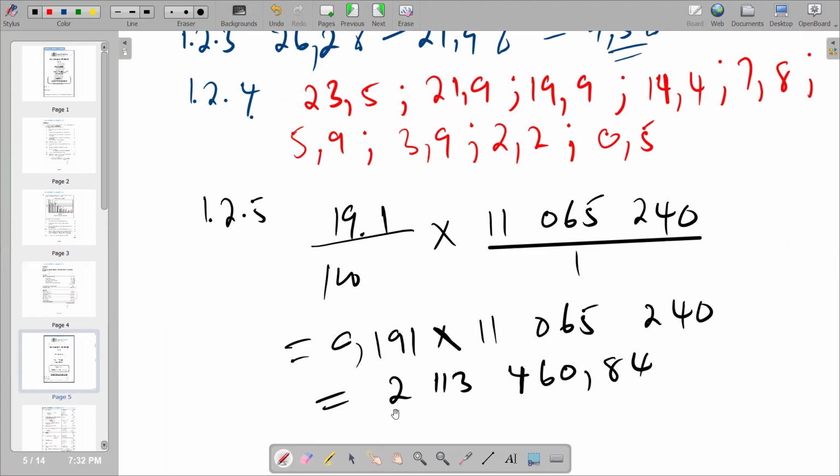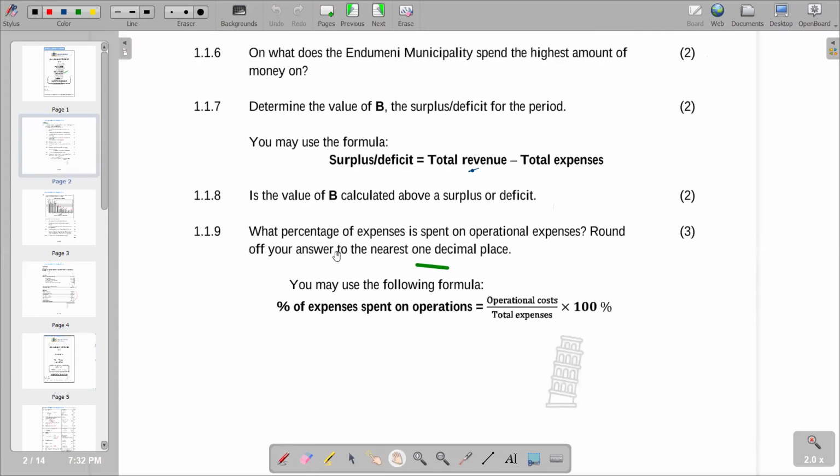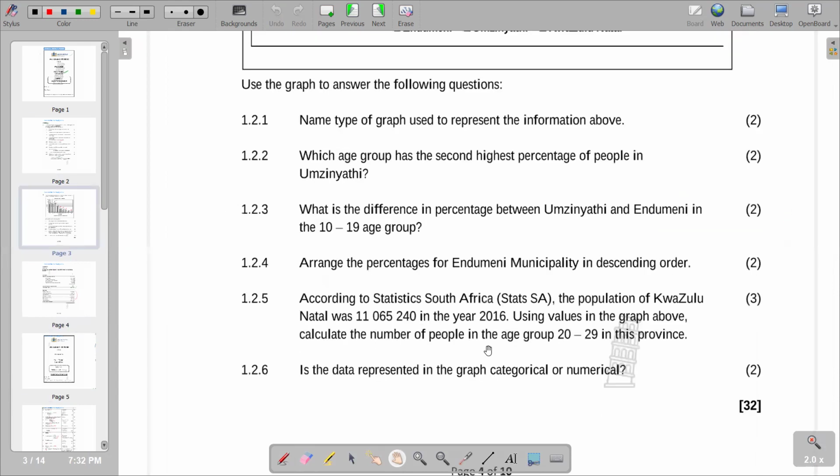2,113,160.84. So if you refer back in terms of rounding off, we are not given instruction in terms of how we are supposed to round off. So we can just round it off. Remember, we are calculating population, so this is the number of people.